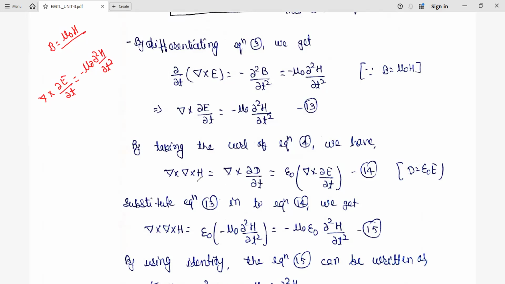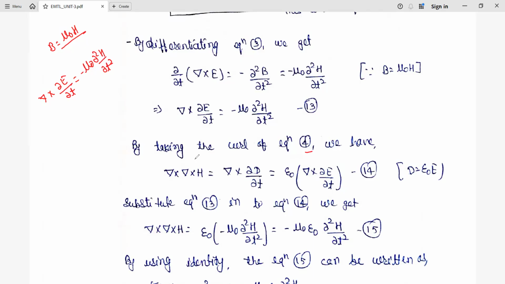Now on the left-hand side, again we are taking the curl of equation 4. If we are trying to find the wave equation in the form of magnetic field, we are finding the derivative of the relation for the electric field, and we are taking the curl of the relation of the magnetic field intensity.